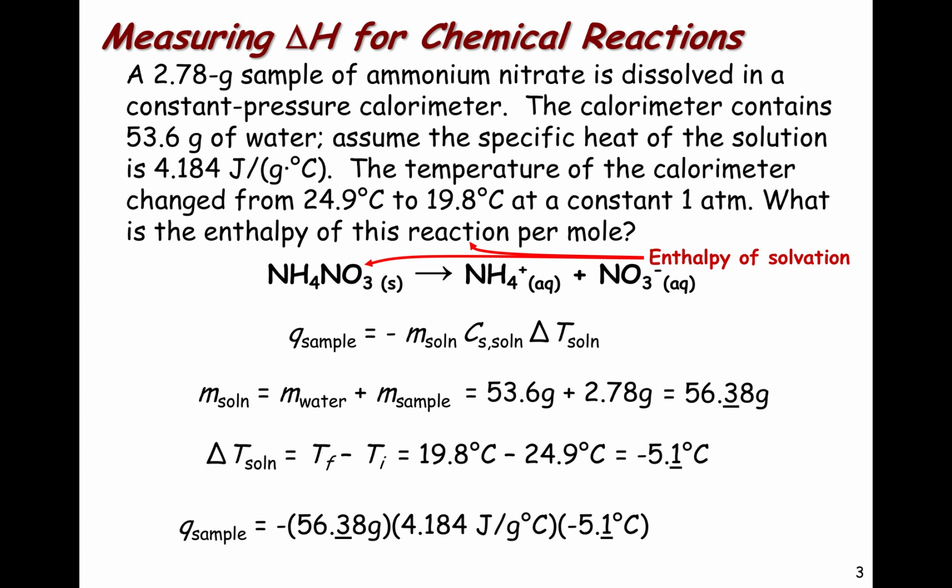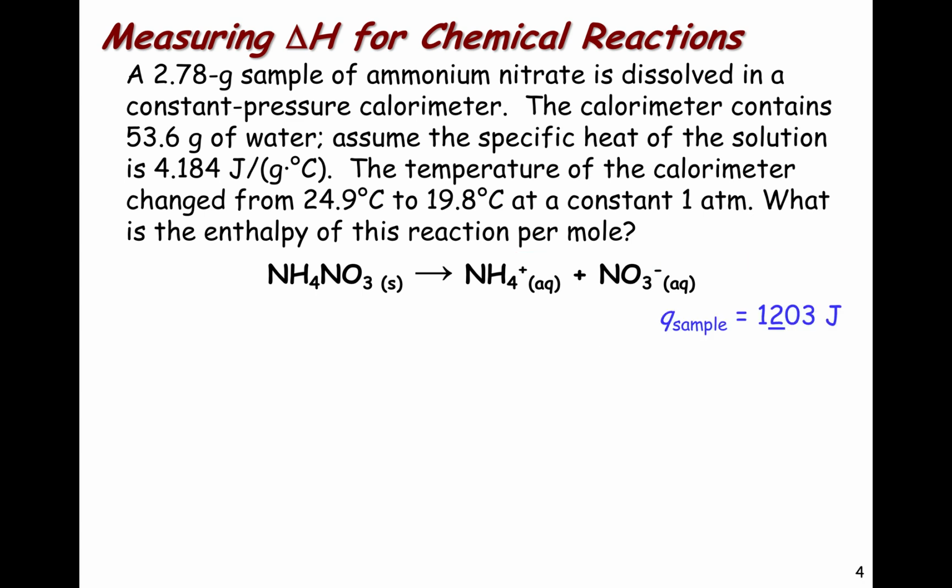The negative from the equation and the negative in the delta T results in a positive value for Q, consistent with our endothermic process. And it turns out to be, with two significant digits, 1,200 joules.